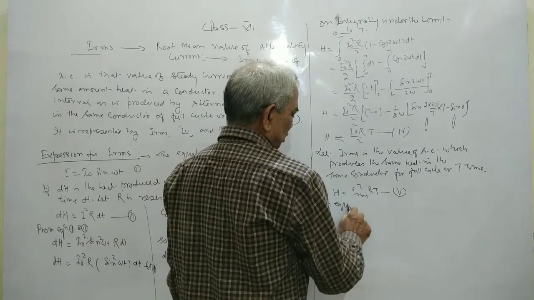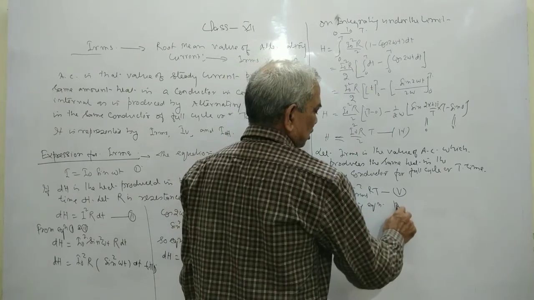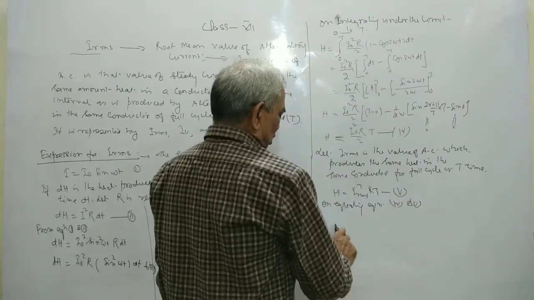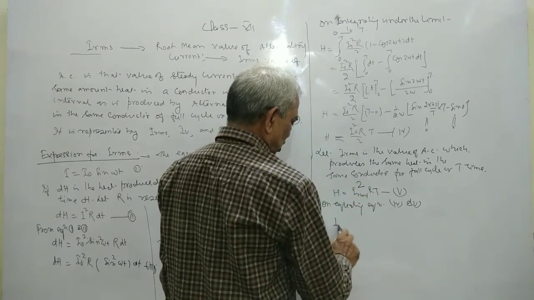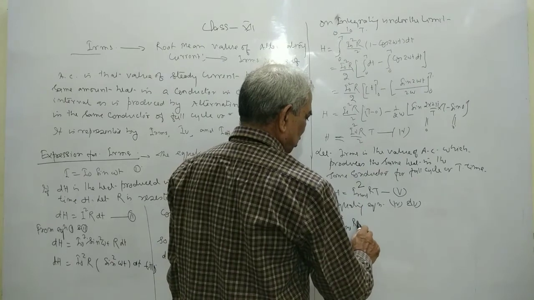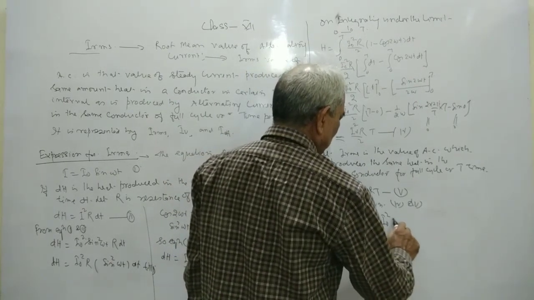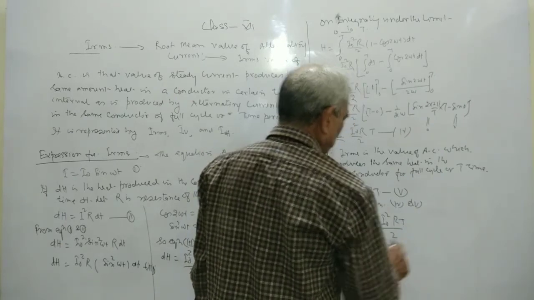On equating equations 4 and 5, IRMS square RT is equal to I naught square RT upon 2.